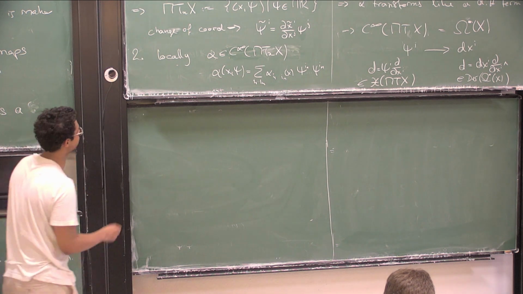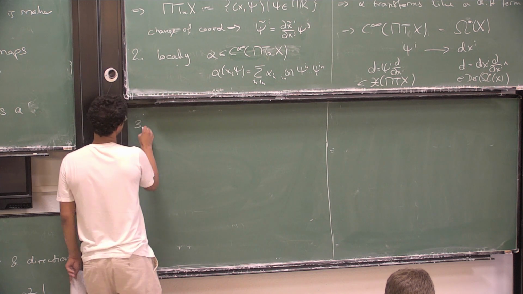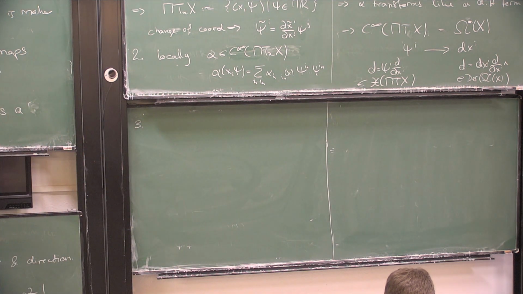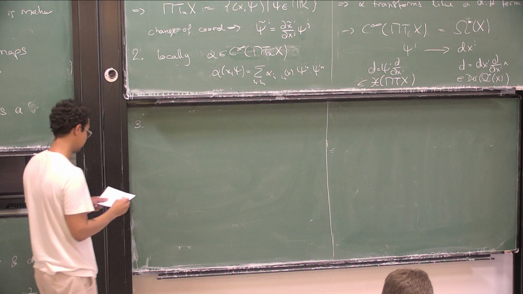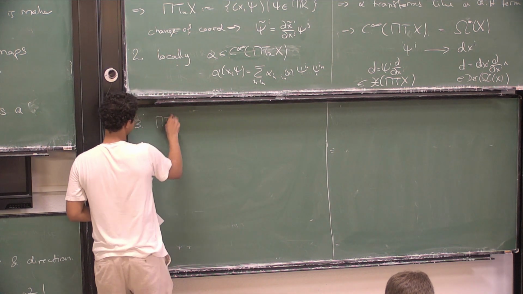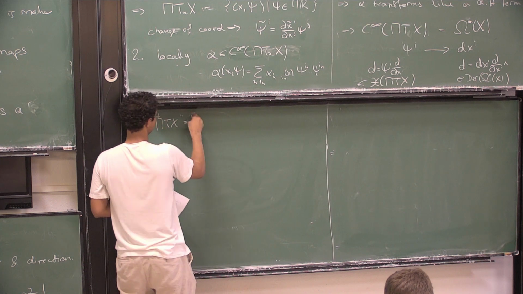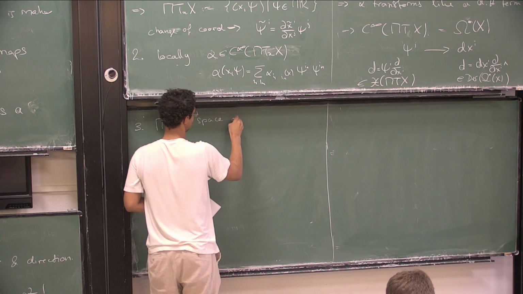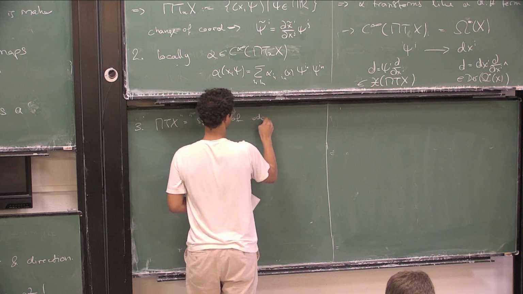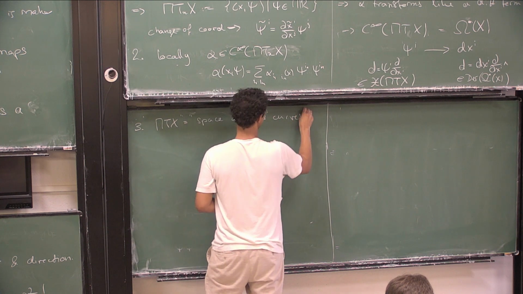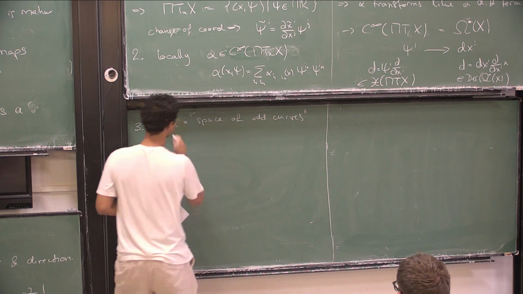Okay, let me give you this third look on pi tx. We can think of pi tx heuristically as the space of odd curves. So I should say it with words.